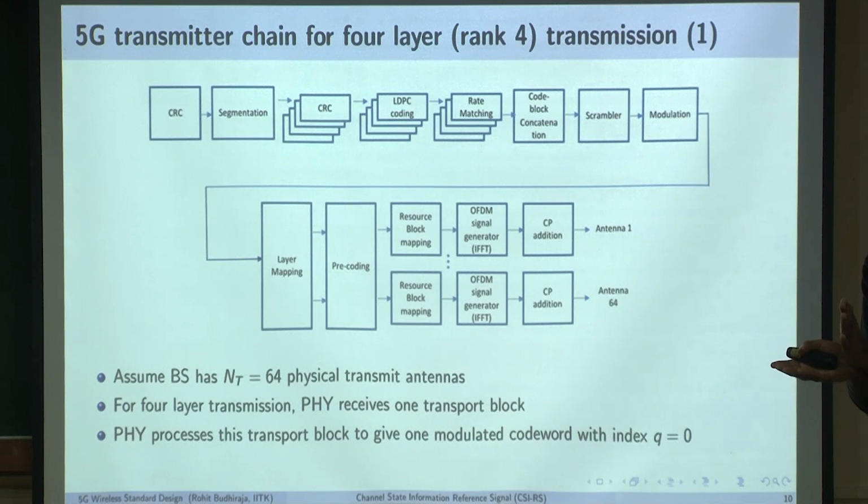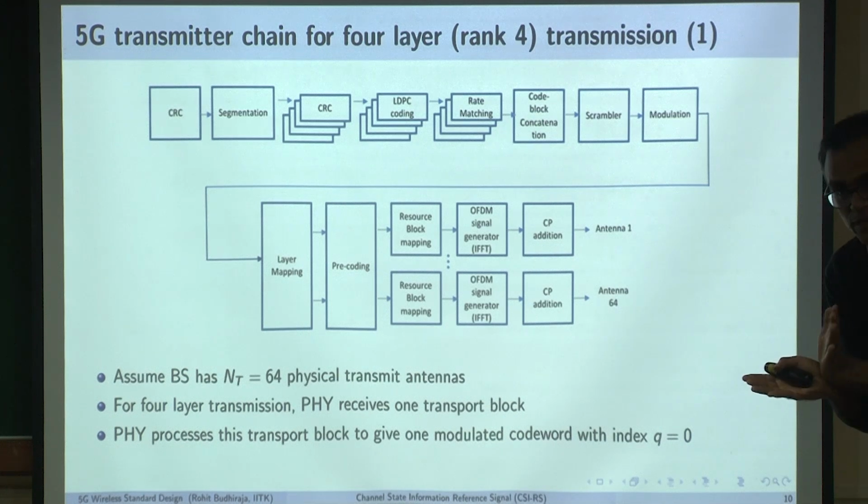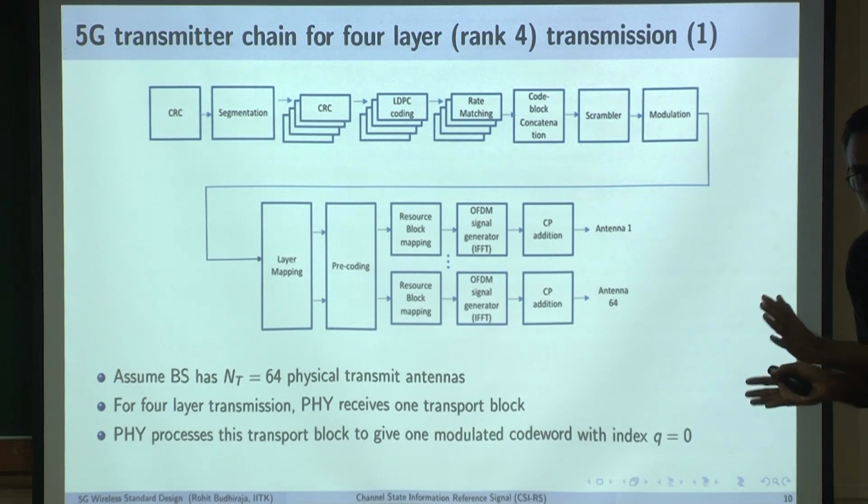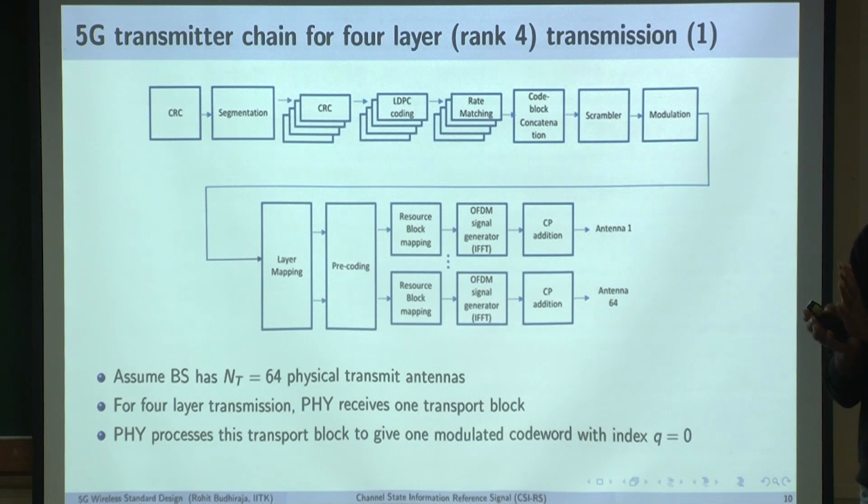Why? Because with 4 layers, you can transmit 4 times the amount of data which you can send with NL equal to 1 layer over the same number of PRBs. That's what we have learnt in all this MIMO processing: the number of parallel layers you can transmit over the same number of PRBs. That is what MIMO is.